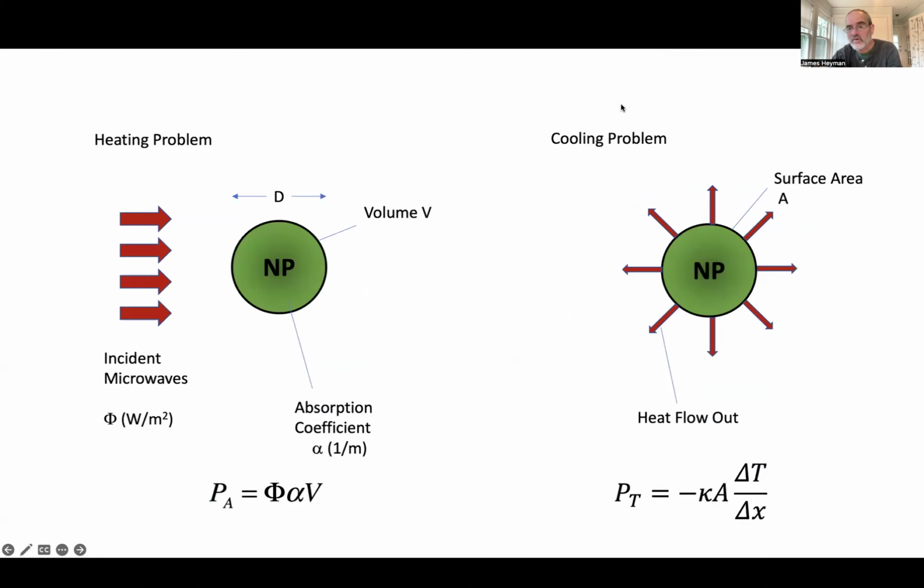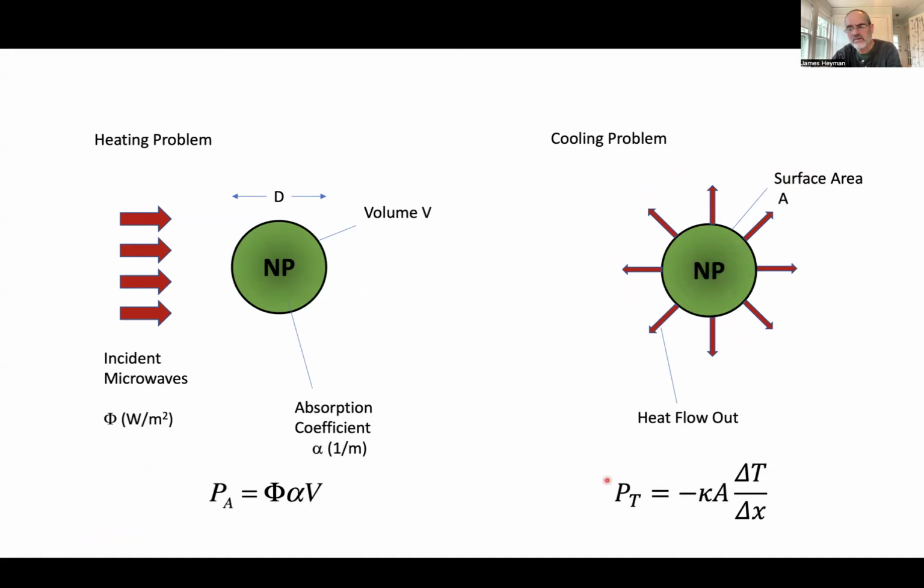Okay, now in order to talk about this, we have to add one more piece to what we've learned. So far, we've talked about the cooling problem, okay? Here, where heat is transferred out of our nanoparticle, say, into the surrounding tissue.